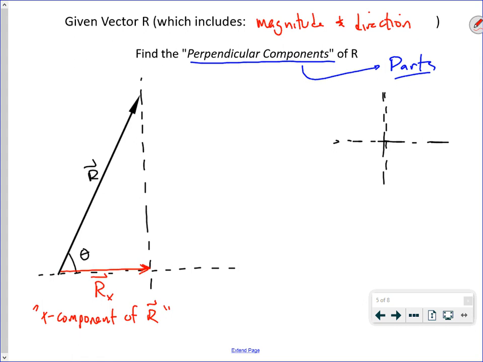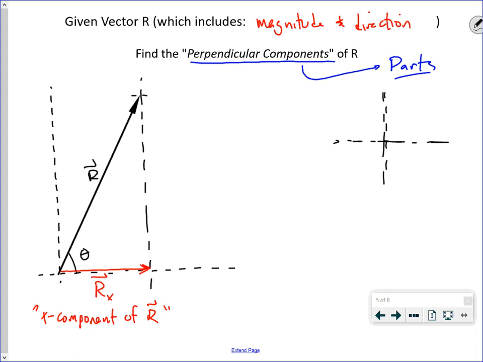Or perhaps the horizontal component, or perhaps the east component, or something like that. Right? And if we want to know the vertical or the y component, or maybe the north component, we say, well, how far along this axis does that vector point?